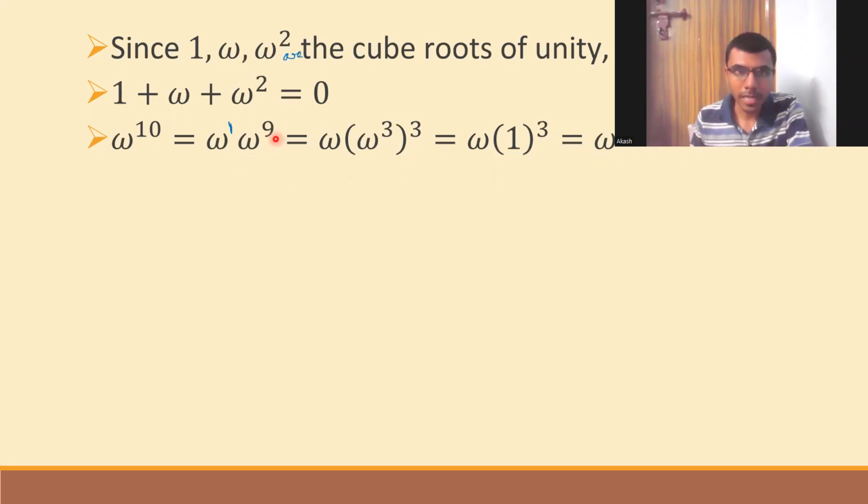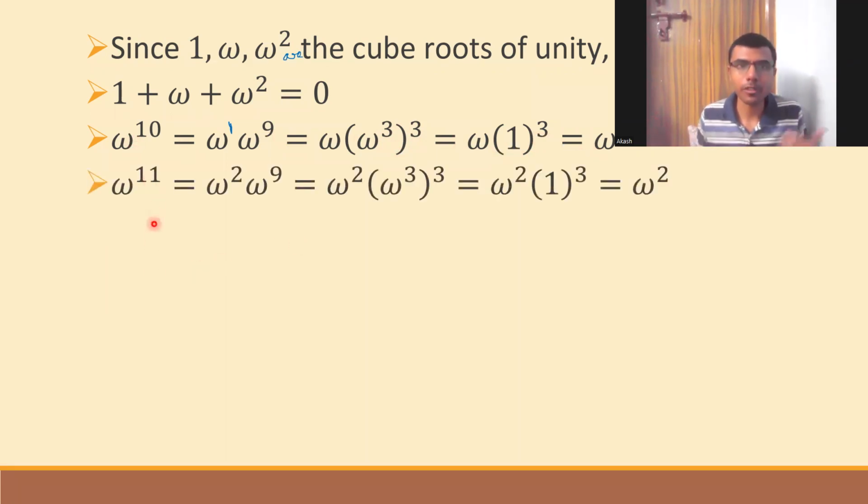Next, omega power 9 I'm going to write as omega cube whole power 3, because 9 can be written as 3 into 3. I wrote it like this because omega cube is nothing but 1. So I'll get omega into 1 whole cube, and ultimately I get omega. So omega power 10 can be written as omega. Makes the job simple, right?